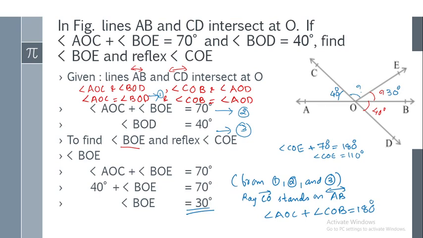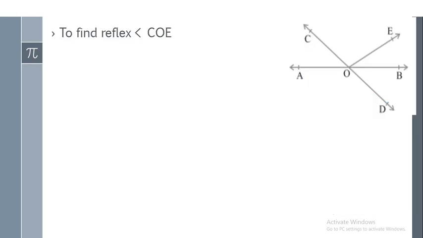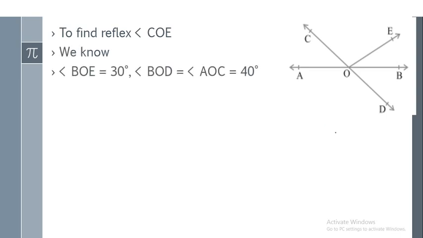Okay, now let's verify whether it is correct. We have to find reflex angle COE, and we know that angle BOE is 30 degrees. We just found it out. This angle was given to be 40 degrees, and this is 40 degrees because of vertically opposite angles.